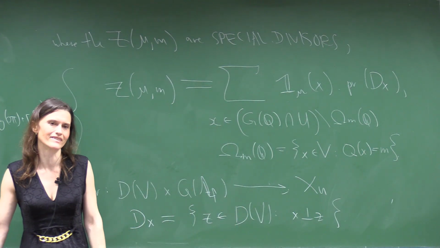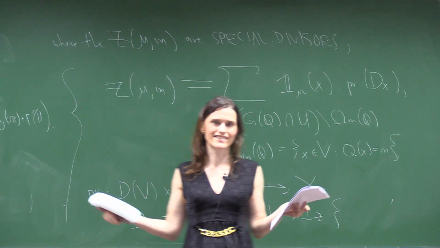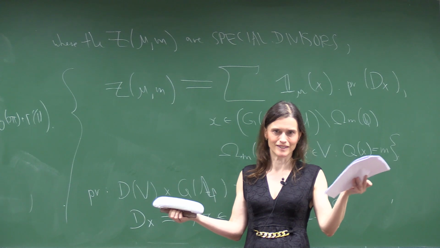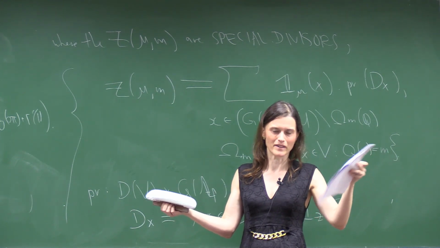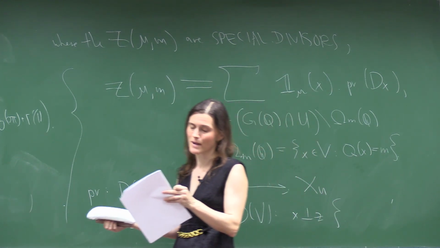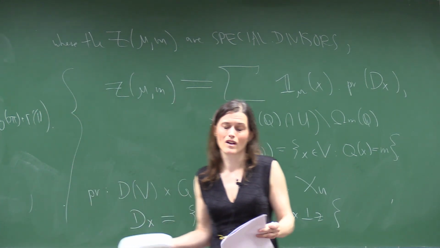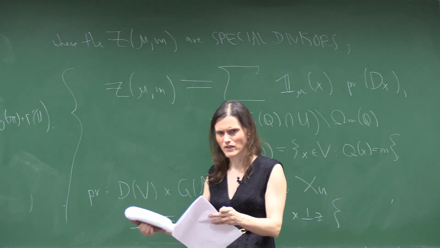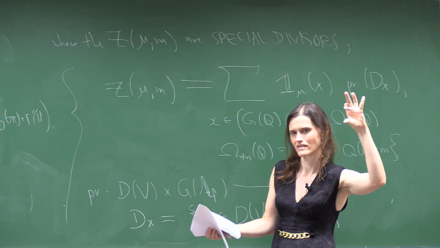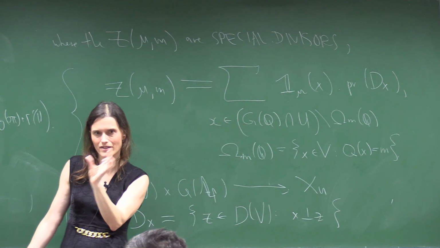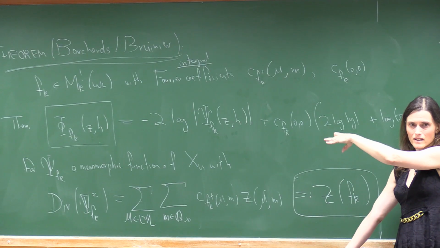We believe that there is a corresponding localization sequence for the motivic cohomology of this Kuga-Satake abelian scheme and its fibers, especially the fibers at points in the Grassmannian which correspond to the CM points, and that somehow accounts for that. And then in terms of this exact sequence in motivic cohomology, we expect that there's a different characterization of this regularized theta lift.